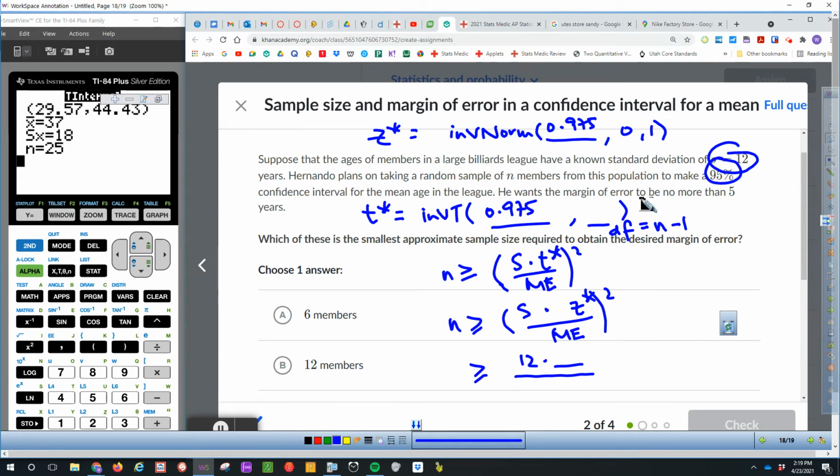The margin of error is no more than 5, so it is 5. Then you square. I'm about to go to the calculator to find the inverse norm of 0.975, multiply by the standard deviation, and divide by the margin of error.